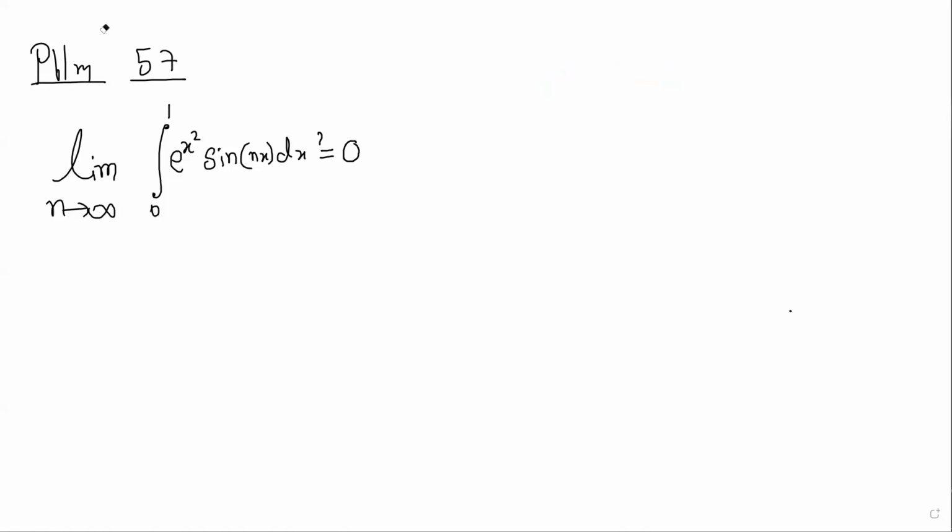But what this is trying to do, if you think about it, is trying to break the function. So just think about this function f(x) equals e to the x square.